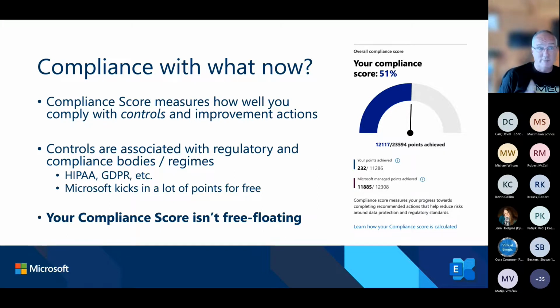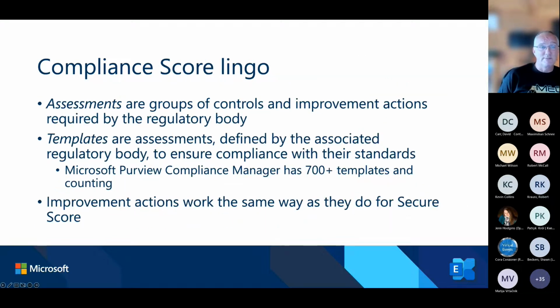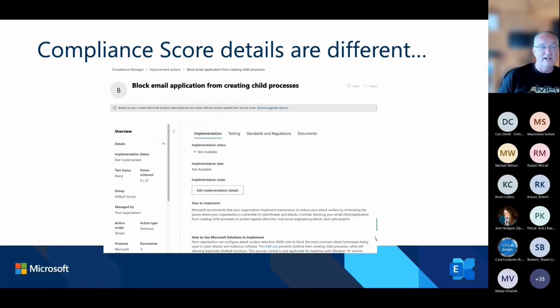Do we apply personnel controls and background checks on the people who are trusted with information access? Sure. My own score is 232 out of 11,000, which is pretty terrible, right? That's not a compliance posture that I would want any regulator to look at and go, man, these guys don't know what they're doing. But I'm already getting quite a boost to just over 50% because of the work that Microsoft has put in, making sure that they comply with their own baseline.